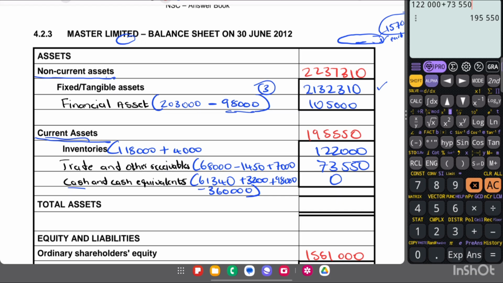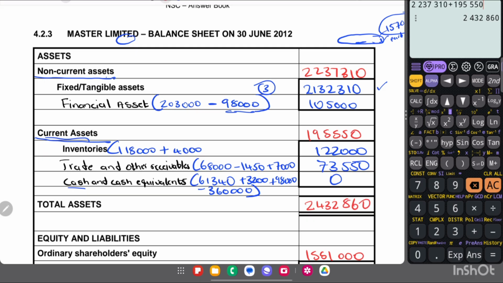Then how do we now get our total asset? Now you just take the ones in red color, you just add the ones in red color, and then you get what now? The total asset is gonna be non-current asset plus current asset. Let's add it: 2, 3, 7, 310 plus 195,550. It's gonna be 2,432,860.